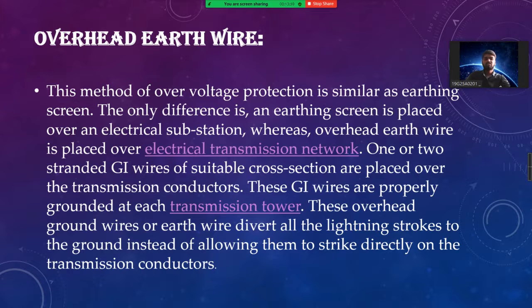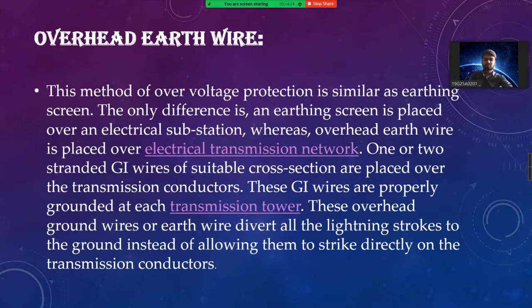One or two standard GI wires of suitable cross section are placed over the transmission conductors. These wires are grounded at the transmission towers. These overhead ground wires or earth wires divert all the lightning strokes to the ground instead of allowing them to strike directly on the transmission conductors.